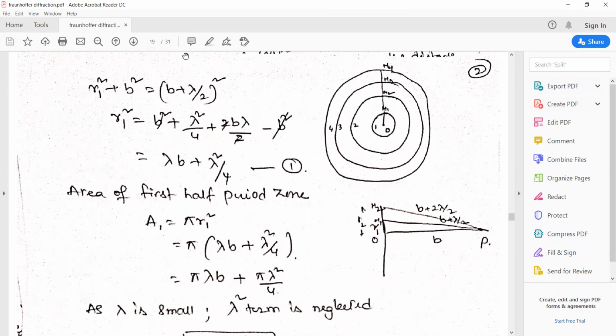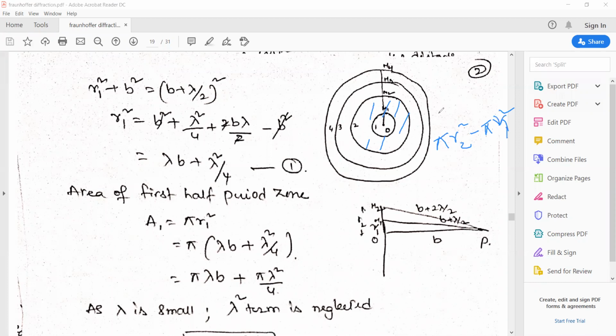So pi R2 square is the complete area up to M2, but I want to get only the shaded region, so I am subtracting pi R1 square.